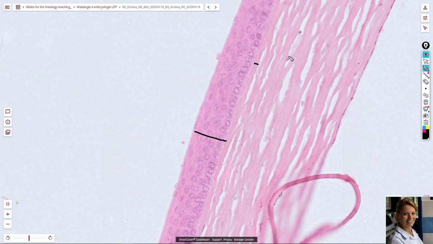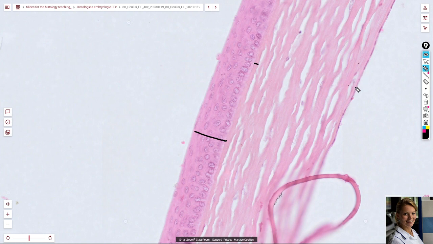You can see nuclei of these cells. And posterior epithelium is formed with simple squamous epithelium. You can see here. These cells rest on the posterior limiting membrane of Descemet.